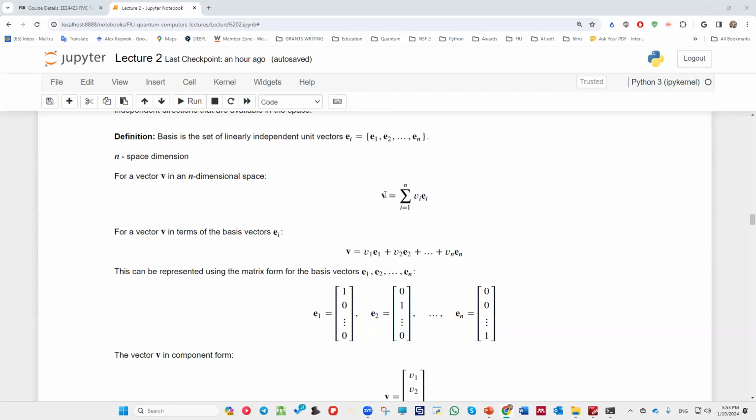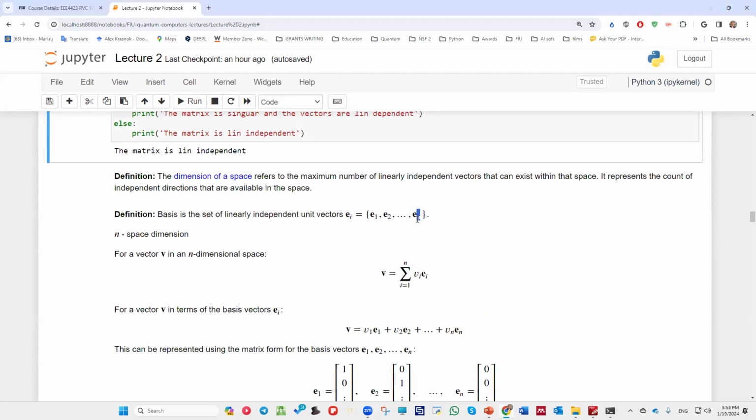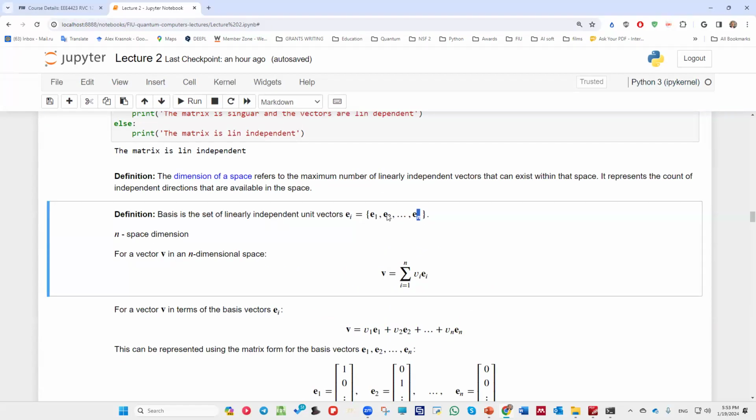So let's say I am in a space of n dimensions, okay? And I introduce a basis of linearly independent vectors, and usually we normalize them to length 1, so they are unit normalized. The vectors e1, e2, all the way up to en. So these are the unit basis vectors.